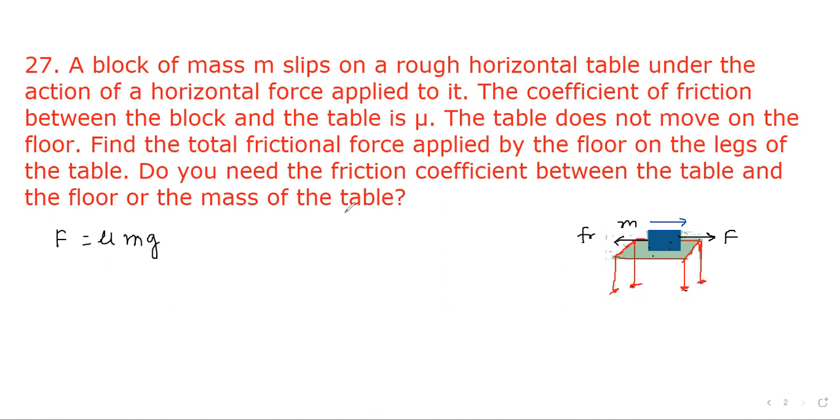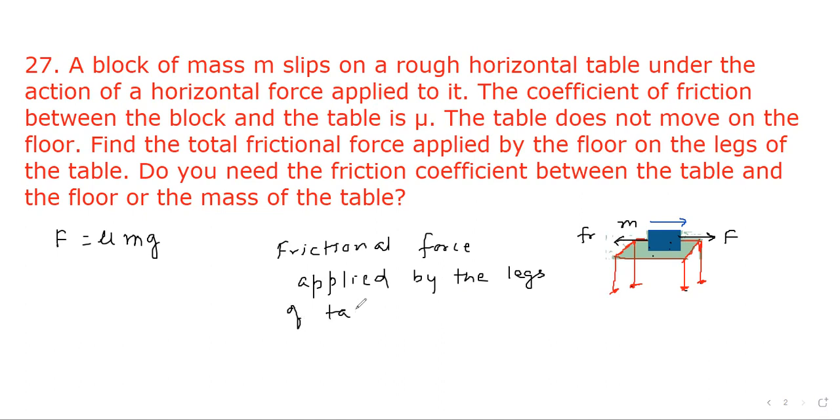So we can say that frictional force applied by the legs of table and floor is same, that is F equal to mu mg.